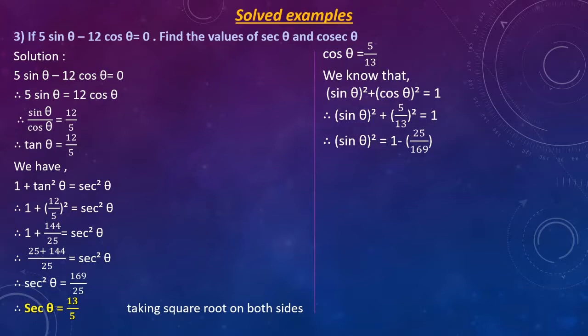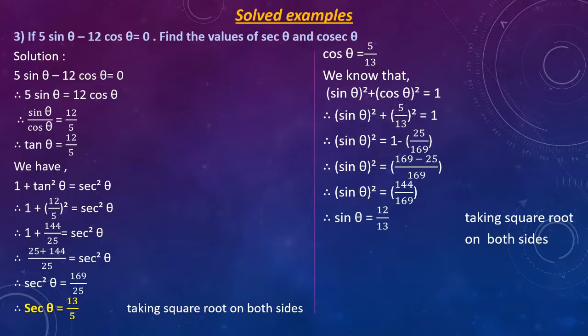Therefore sin theta square is equal to 1 minus 5 square is 25 and 13 square is 169. So therefore sin theta square is equal to, by taking LCM, we get 169 minus 25 upon 169. Therefore sin theta square is equal to 144 upon 169.